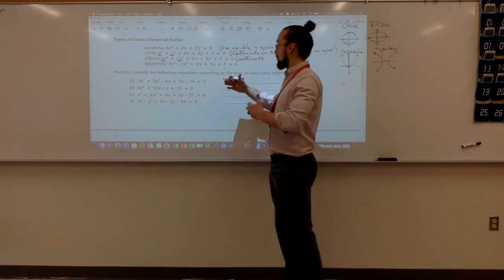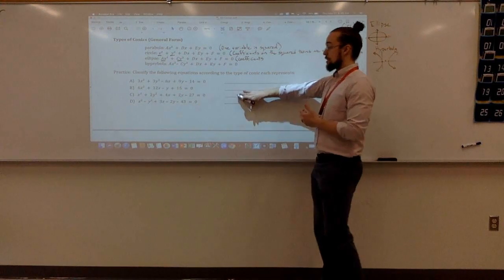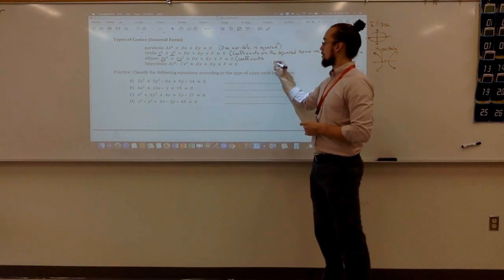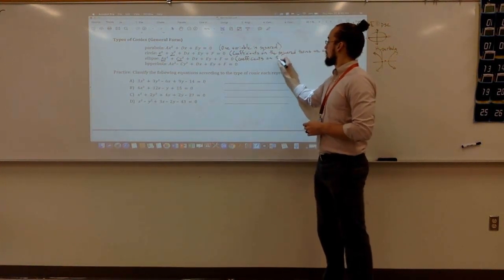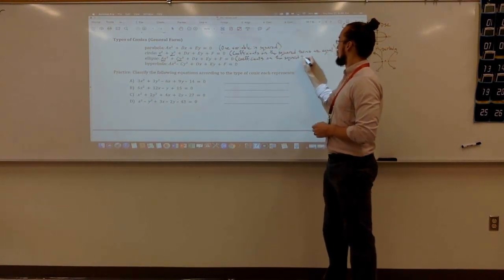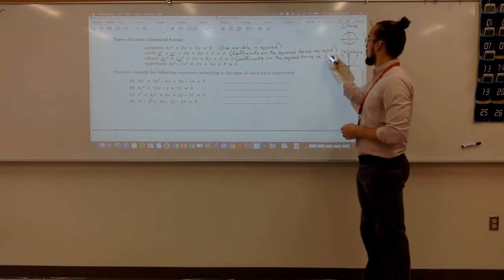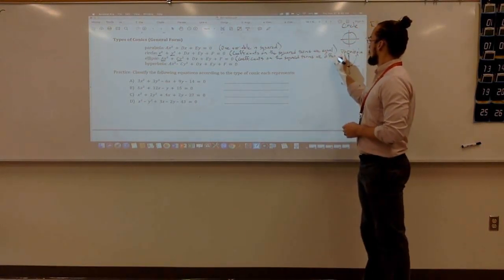But the key thing that we're looking for to determine what type of equation we have are these: the square terms are different.